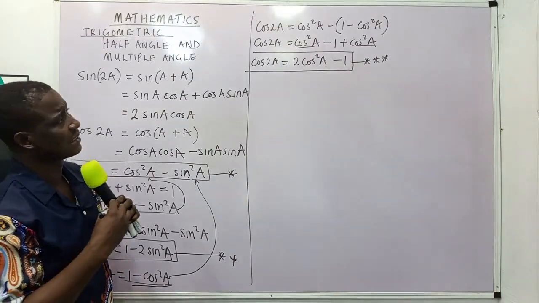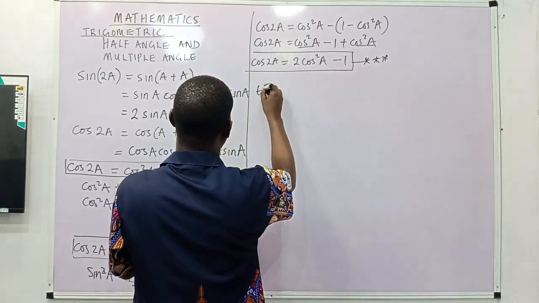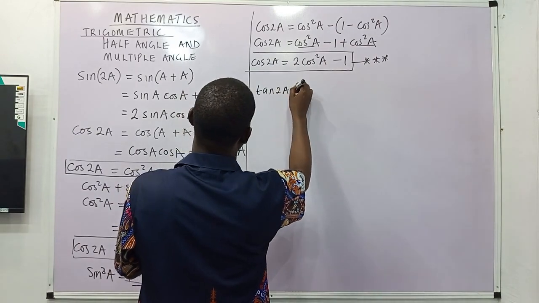Now what if they say we should find tan 2A?